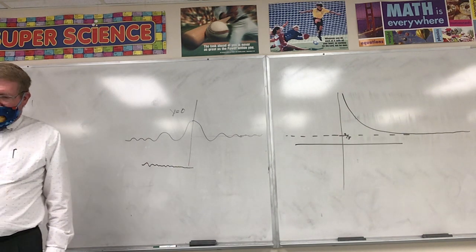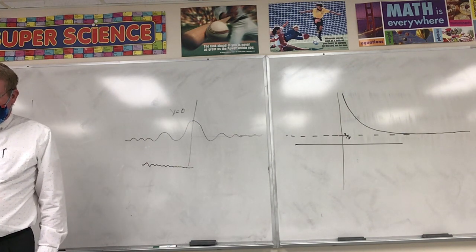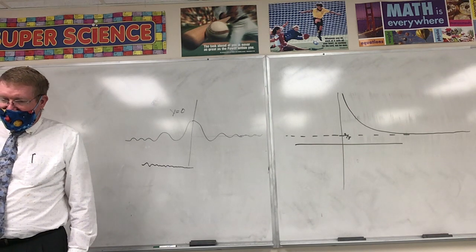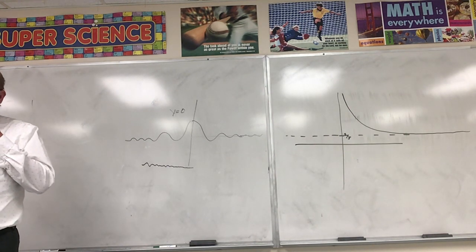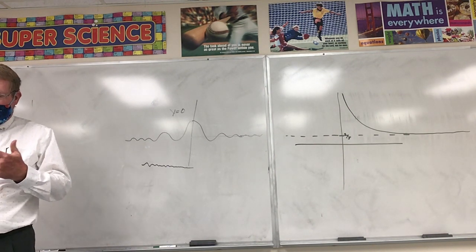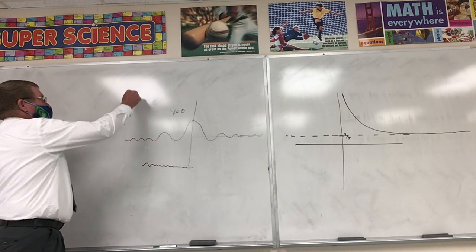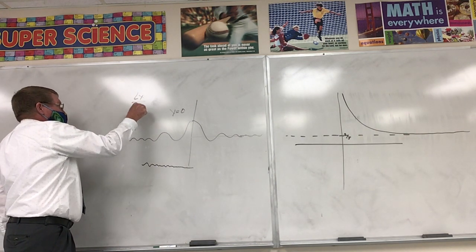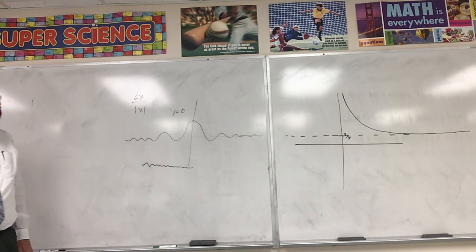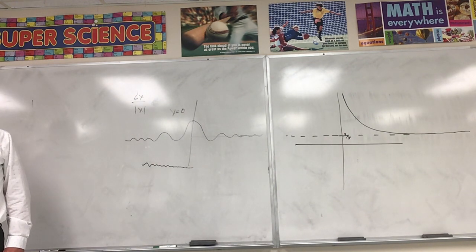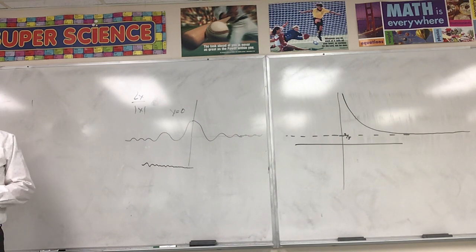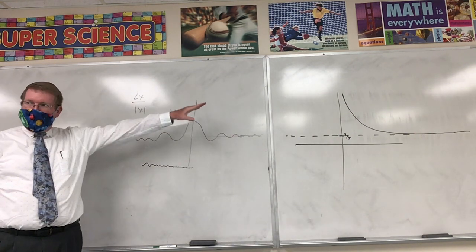Let's look real quick. 2x minus 1 over absolute value of x. If we notice here, we can just use our leading terms. So 2x over absolute value of x. If I simplify that, what do I get? 2. As I get bigger and bigger, I get 2.